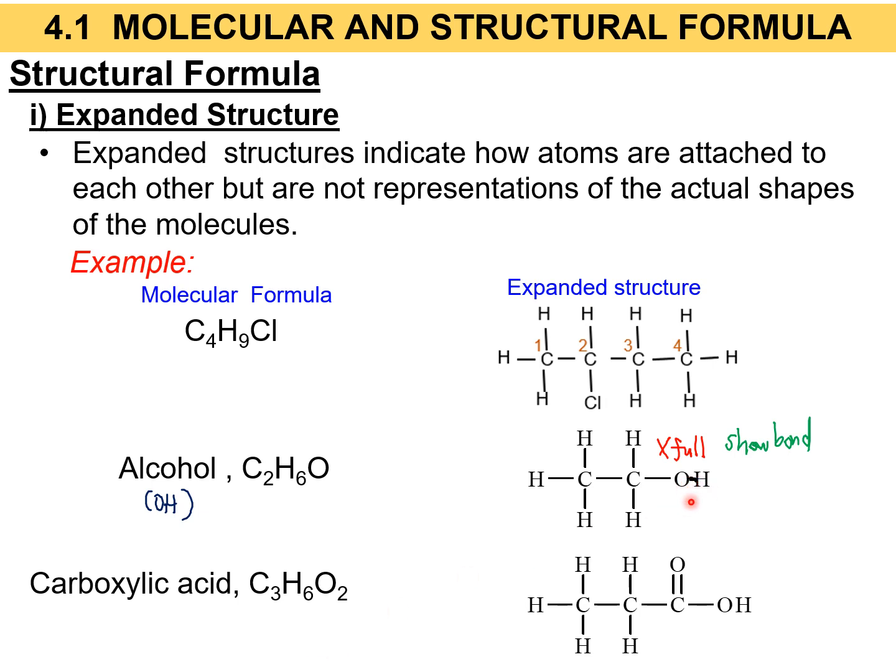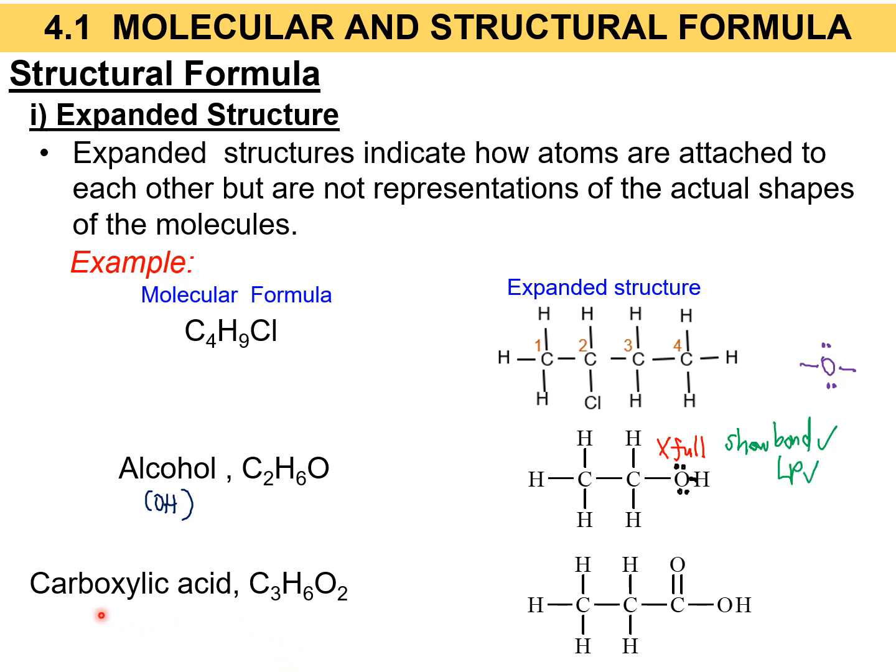And previously I told you, for oxygen, there will be 2 lone pairs and 2 bonding pairs. So here it has 2 bonding pairs, so you have to show its 2 lone pairs. Like that. This is how you draw the full expanded structure for an alcohol with OH, where for the oxygen you must show its lone pairs. Okay. Not only show the bond, you must show the lone pairs too.